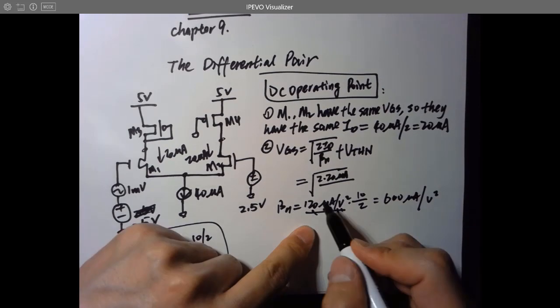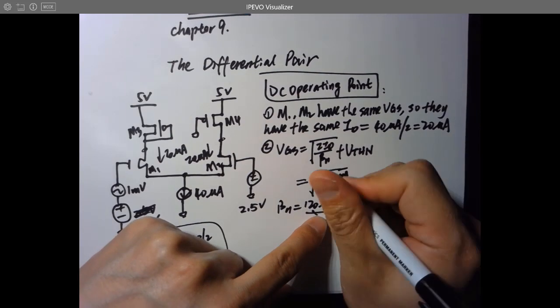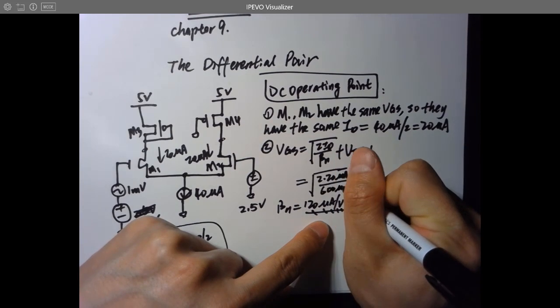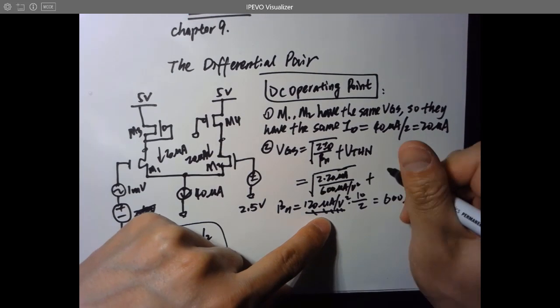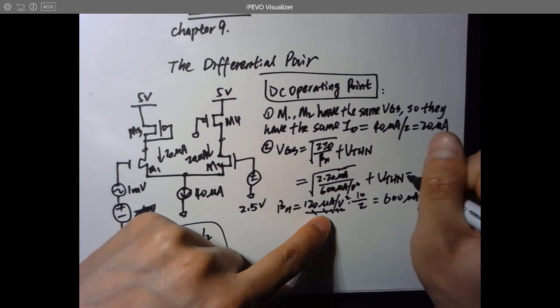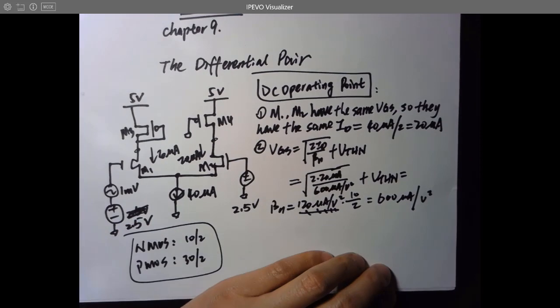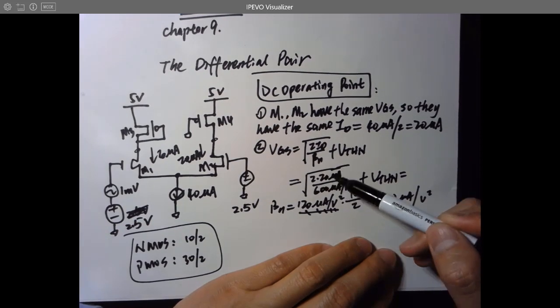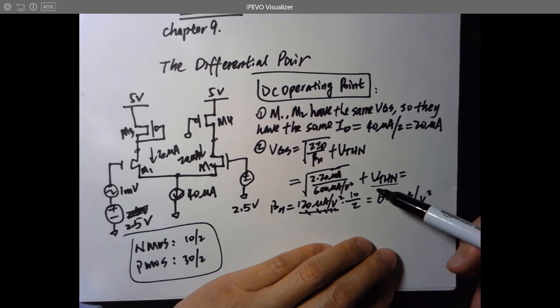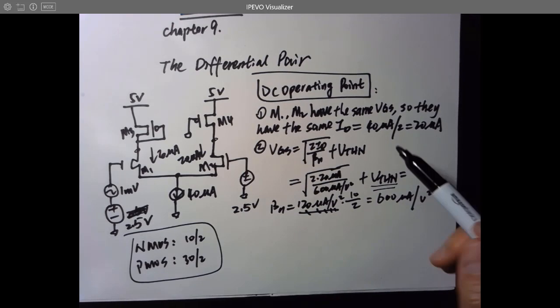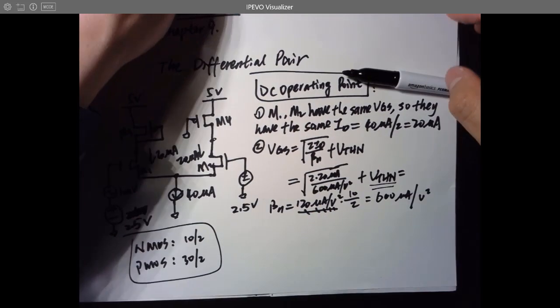If we know that, we just plug in beta n over here, 600 microamps per volt squared, plus VTHN. So what is this? 40 over this plus 0.8. VTHN is 0.8, right? So let's do a calculation real quick.